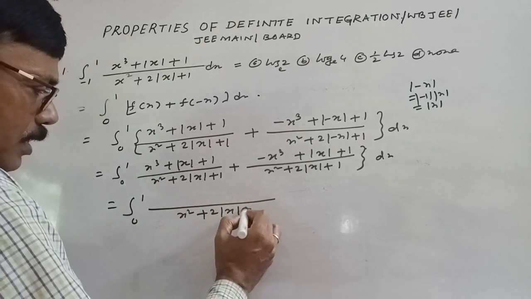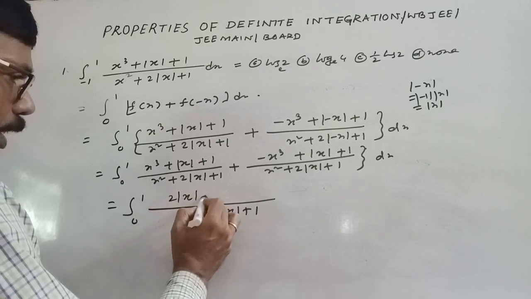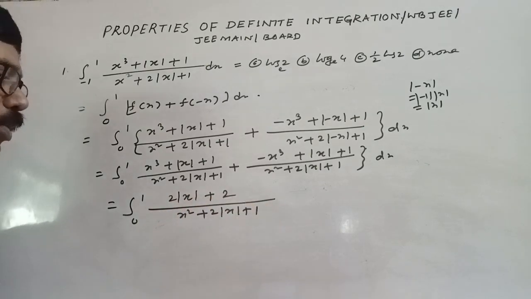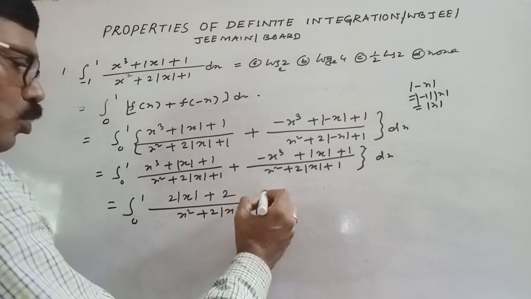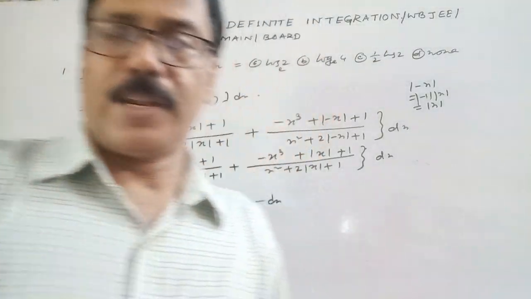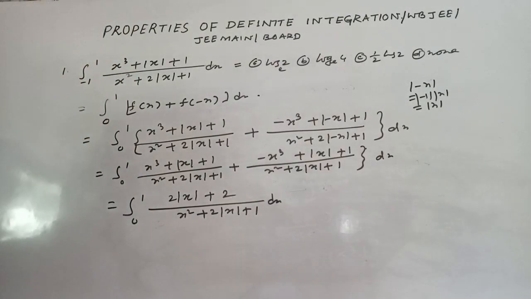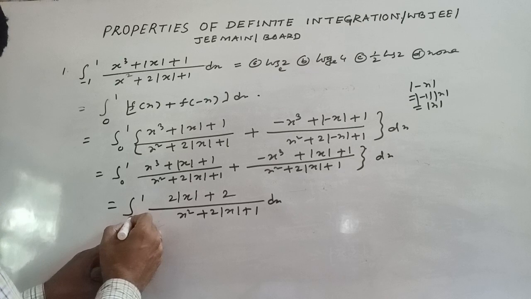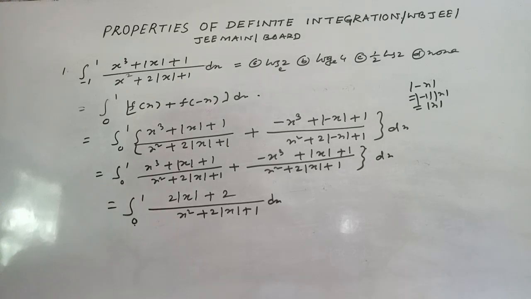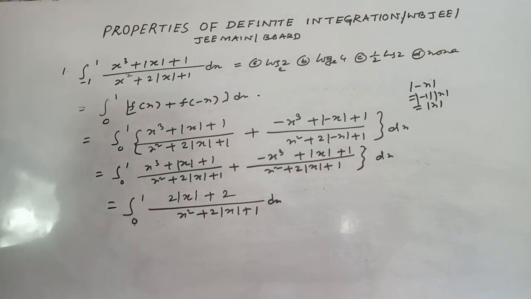Now same LCM you are getting. And x cube will cancel. 2 into mod x plus 2. Now look, you have to remove the modulus sign. In between 0 to 1, that is x greater than 0 and less than 1.